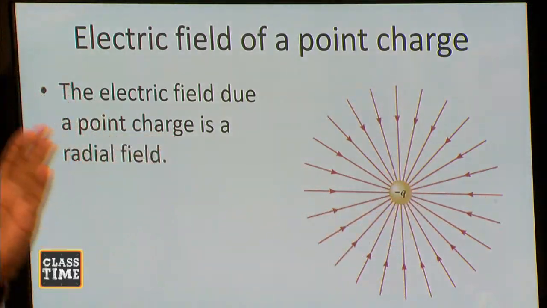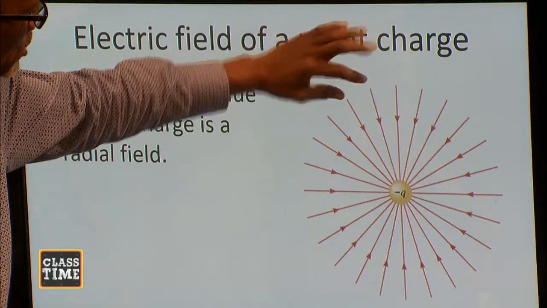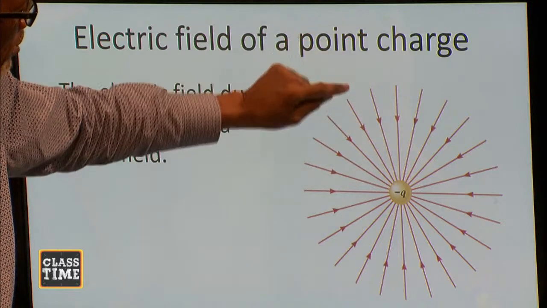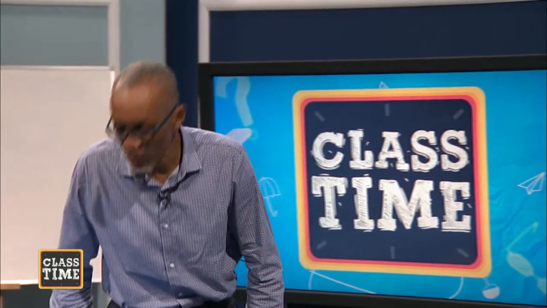Remember, when we looked at a uniform field, all the field lines were parallel. They were the same space apart, which suggested that the field is uniform. Here, there is greater spacing than there, which suggests that the strength of the field is less. Okay? So it's a radial field.